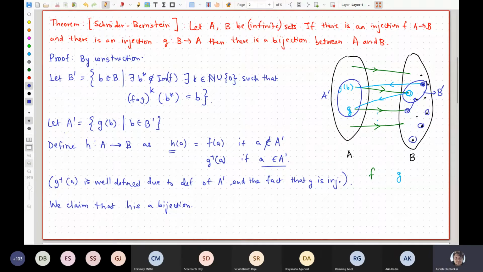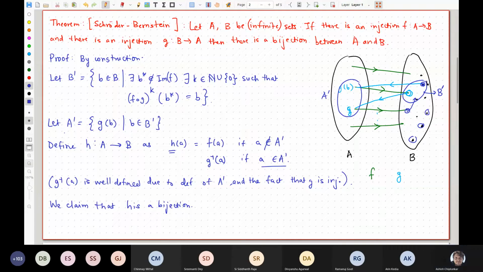B prime is the set of all B's who are going to cause breakups, which is the same as the set of all elements B for which there exists some B star not in the image of F, and some finite K such that if you apply G F G F G F K many times to B star, then you get B. Similarly, A prime is the set of all people in A who are going to be a part of this chain of breakups.